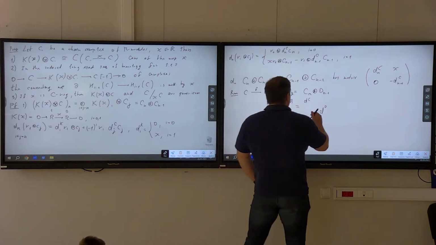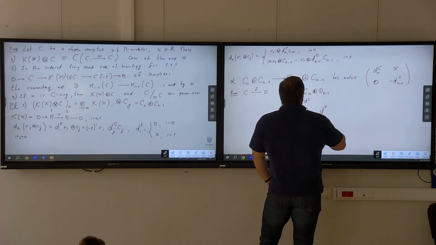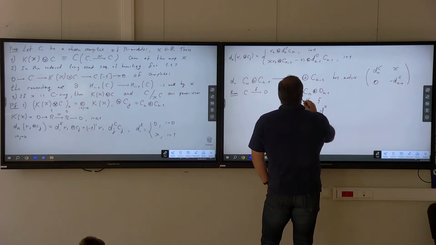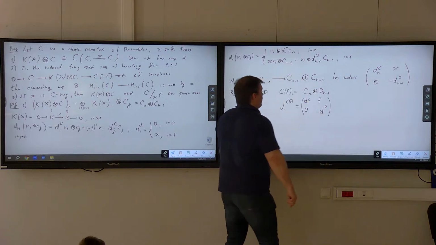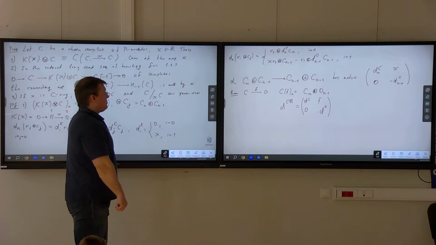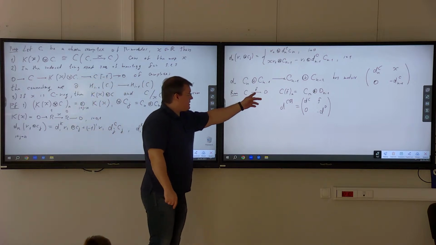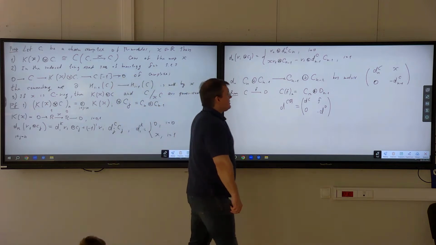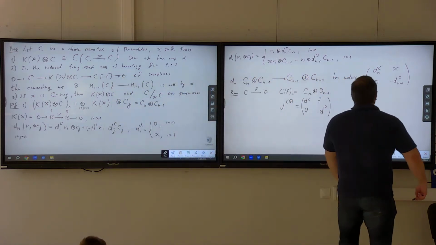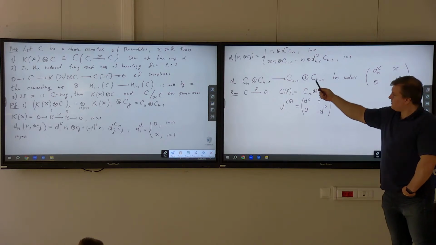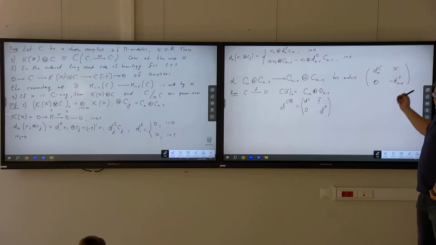So this is the reason for this -1. 0 here in my convention, and here you'll get just the action of F. This is just the definition of the cone for any two complexes and any map between complexes. So what we actually see is that by doing this computation, we get the cone. It's the right complex with the right differential.